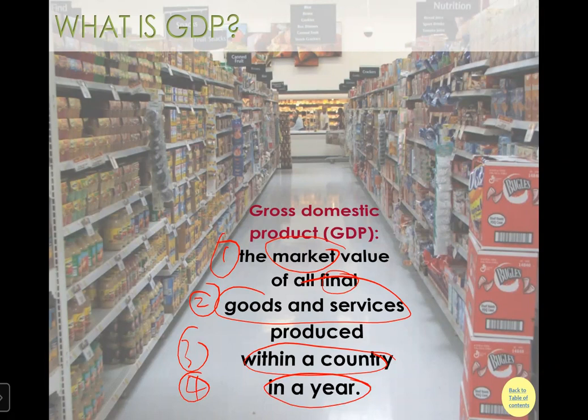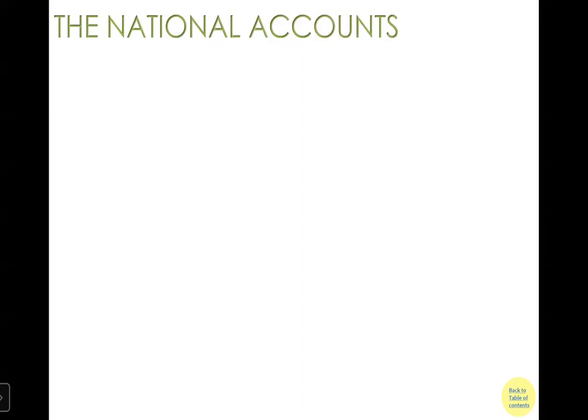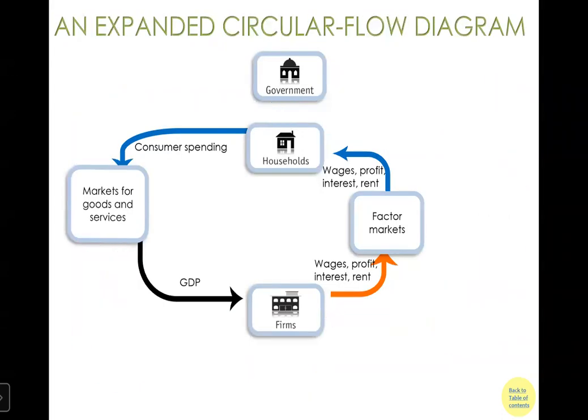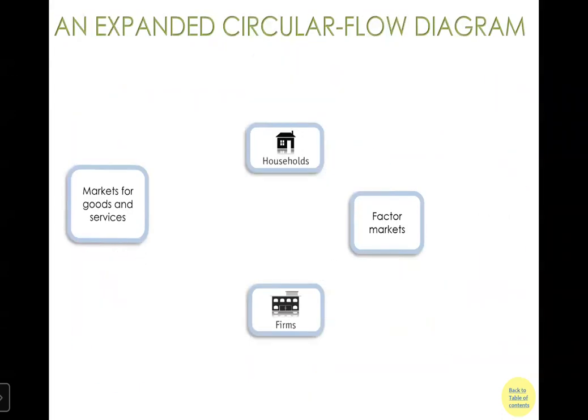And then we have 3 approaches. Let's go back to that slide. Okay. So first we say we can categorize everyone into either households or firms. And then we have 2 markets. One is a market for goods and services, the other is a market for factors. Right?